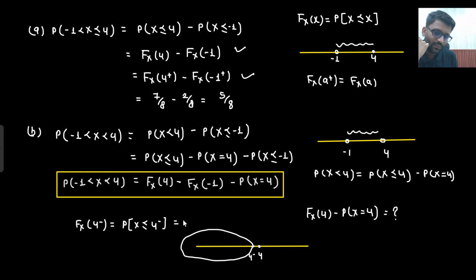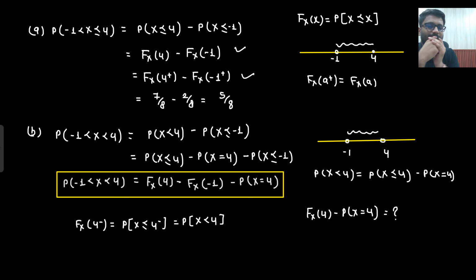So can this be equals to probability of x less than 4? Are you able to understand this point? Fx of 4 minus is equals to probability of random variable x taking values lesser than equals to 4 minus. And that would be equals to probability of x less than 4.